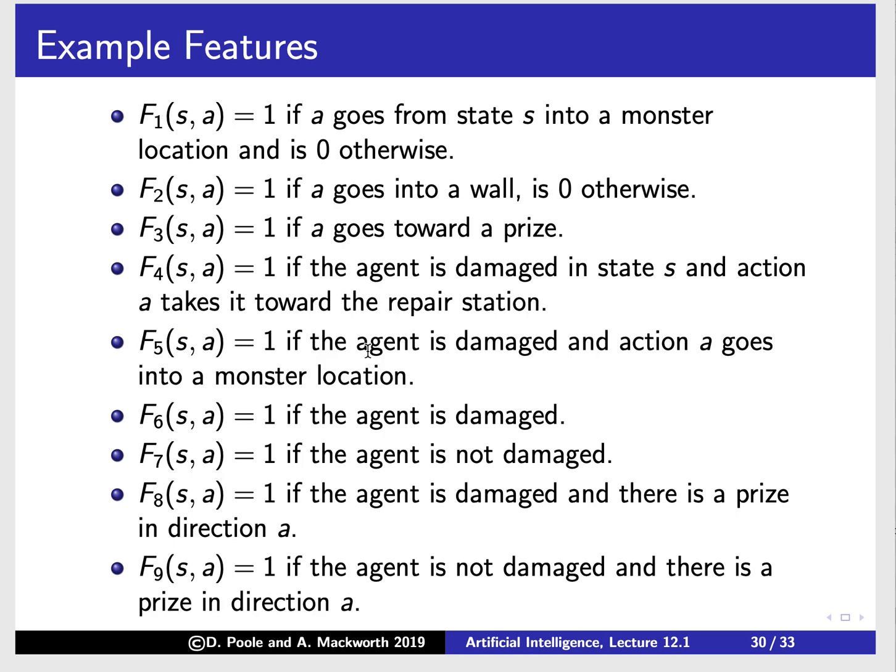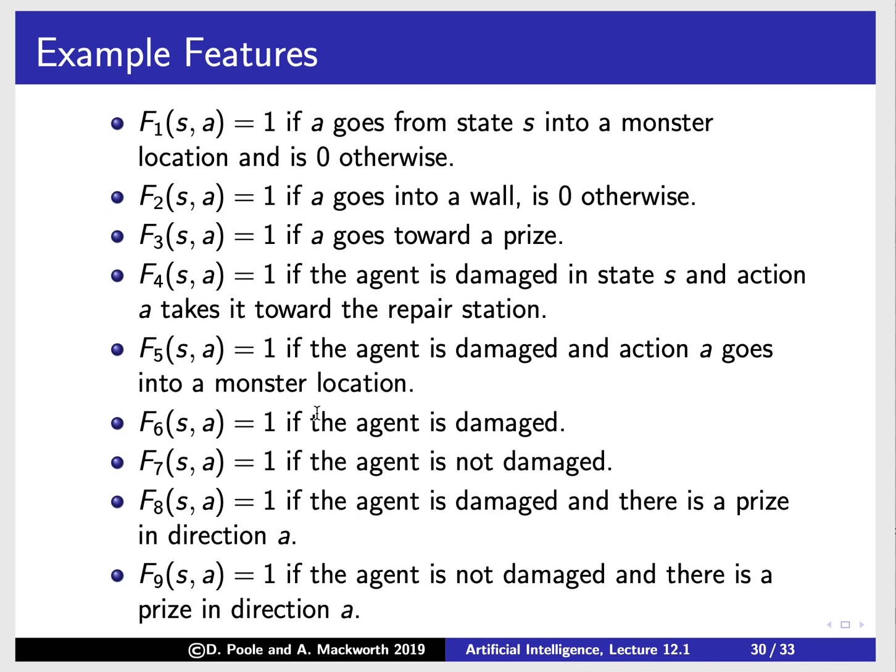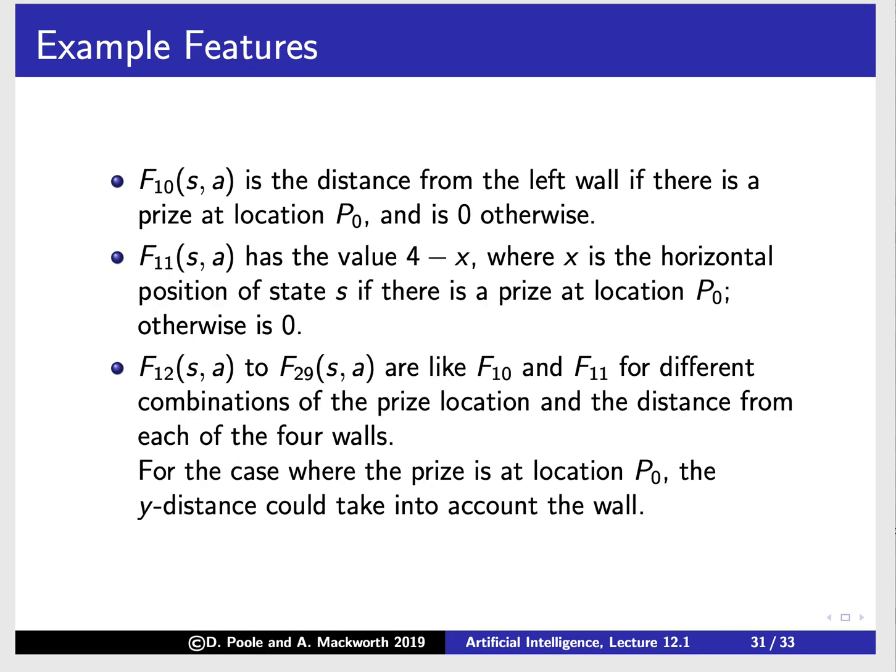This one is the agent is damaged and it goes into a monster location. Maybe that's bad. Let's make up another one. F7 is just the agent's not damaged. I just made this up to see what was going on. Then there are features for the agent damaged and there's a prize, and not damaged and there's a prize in that direction. We can also have the distance from the left wall if there's a prize at location 0, and 0 otherwise.